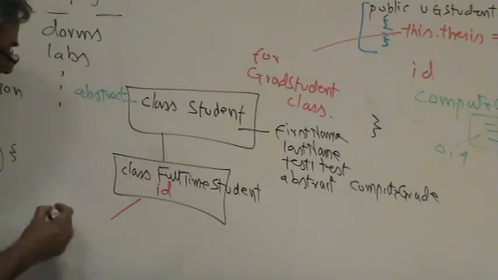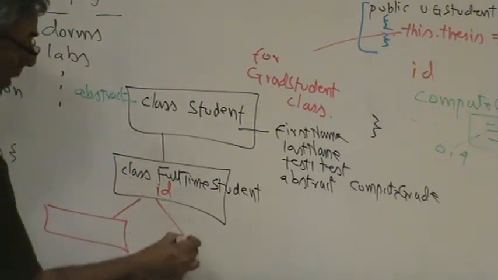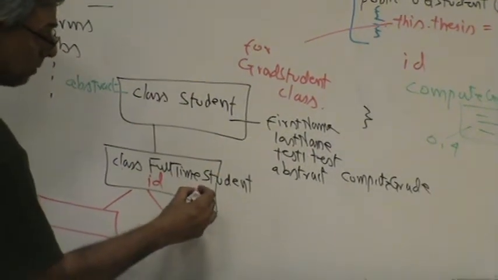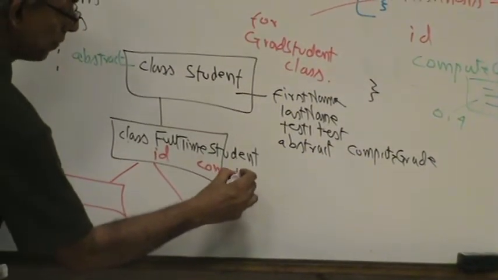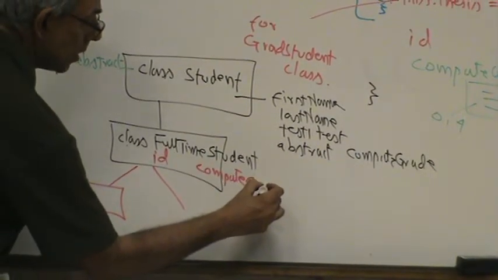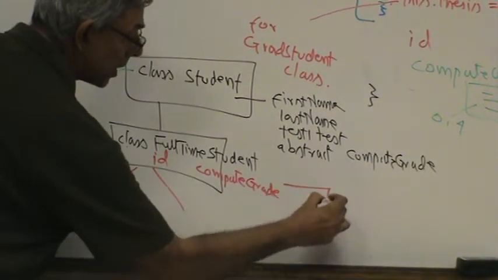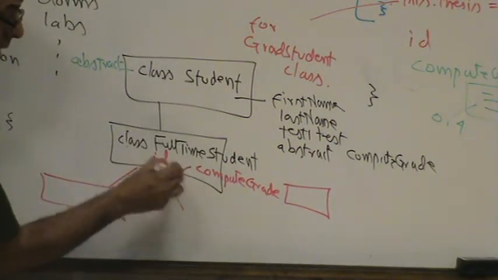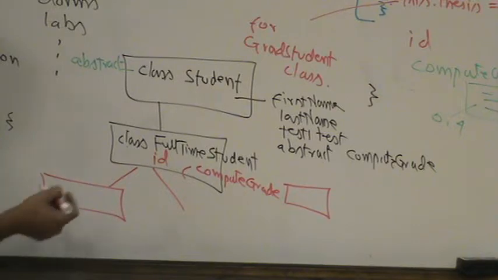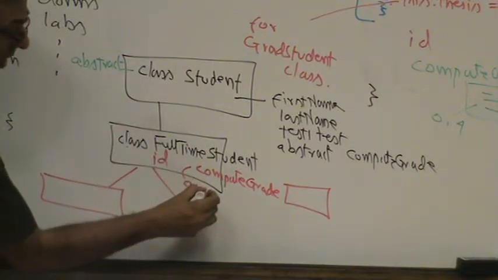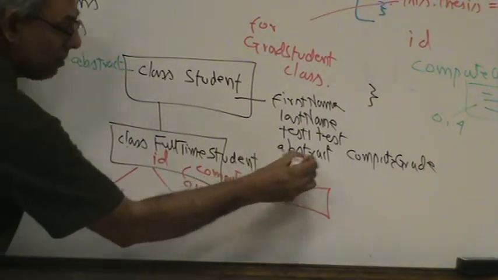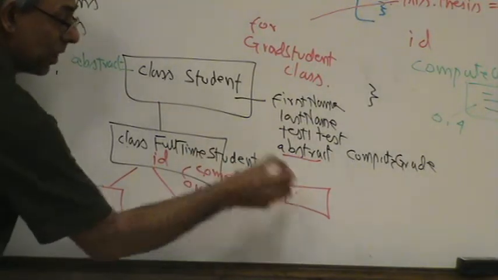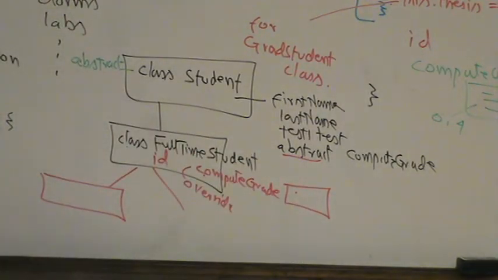Now from this one, you will inherit, okay, and will you provide the code for compute grade over here? Yes. So there will be real code or abstract? Real code. And this will be marked override. Because it was abstract, from here we overrode and provided the real code, right?